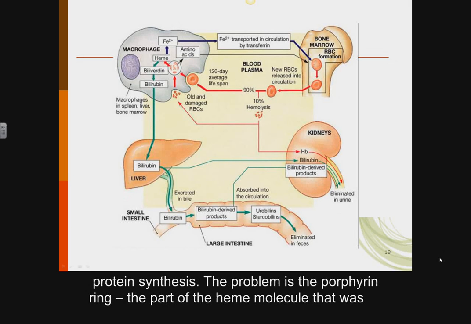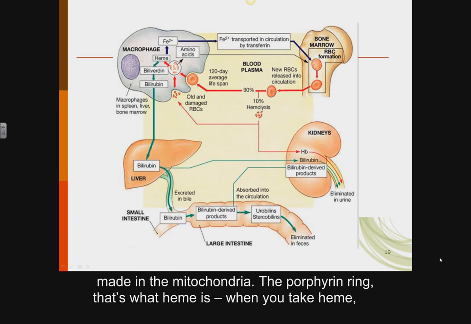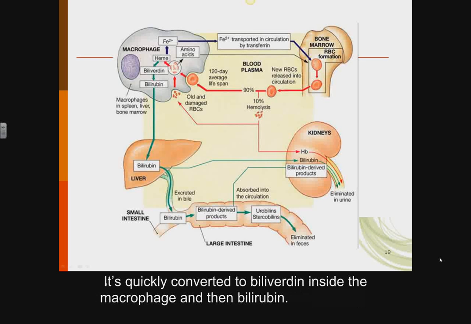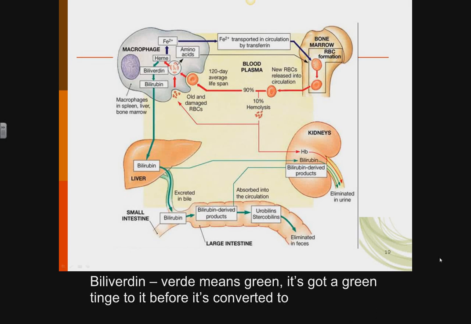The problem is the porphyrin ring, the part of the heme molecule that was made in the mitochondria. The porphyrin ring, that's what heme is. When you take heme, it's the porphyrin ring and iron. So when you take out the iron, you just have the porphyrin ring. It's quickly converted to biliverdin inside the macrophage, and then bilirubin. Biliverdin, verde means green.